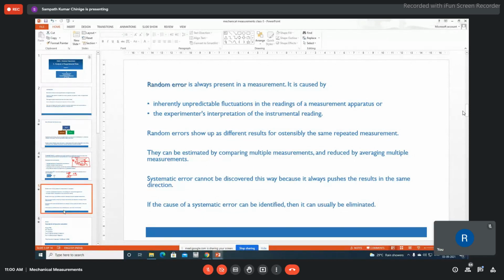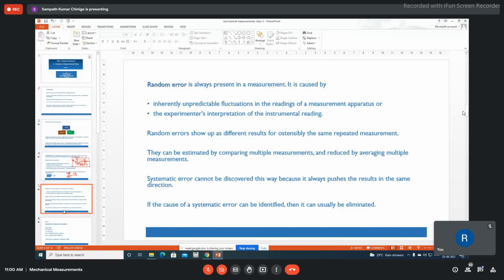Sir, why can't we use the same method for systematic errors? Because a systematic error, as I told you, always follows the same direction. If the first reading goes over the actual reading, the second reading also will be going above the reading only. It will not fall below. If it is falling below, that means a random error is also present.